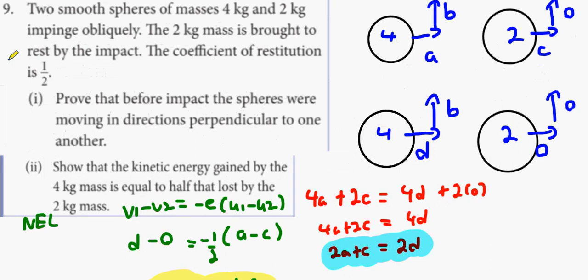So I want to prove that before impact, the spheres are moving directly perpendicular to each other. This means A has to be 0, doesn't it? Read the language.